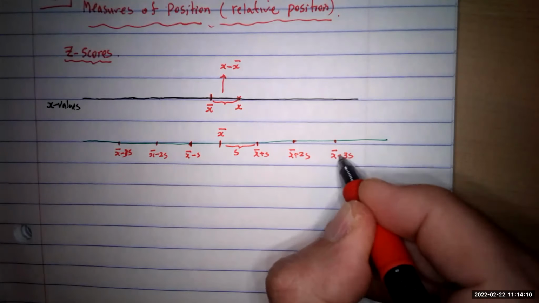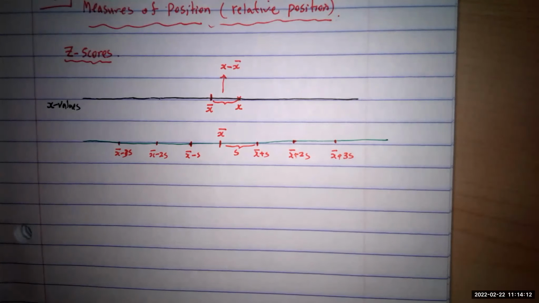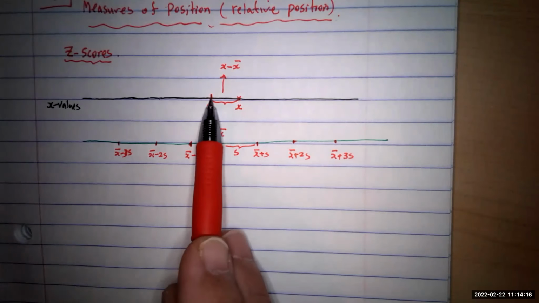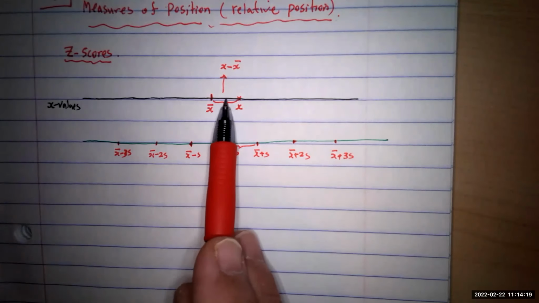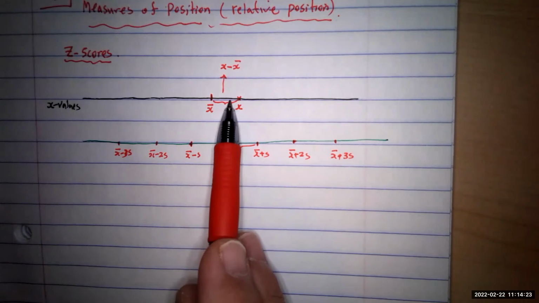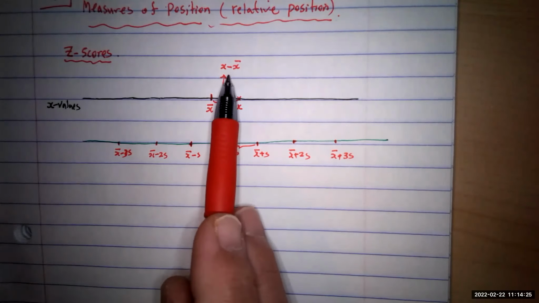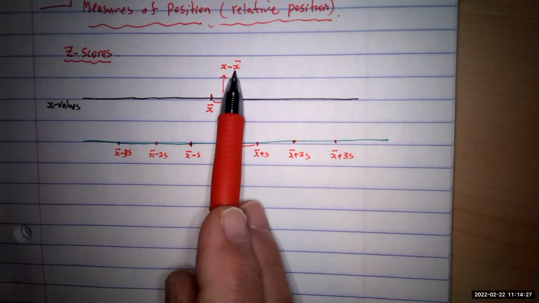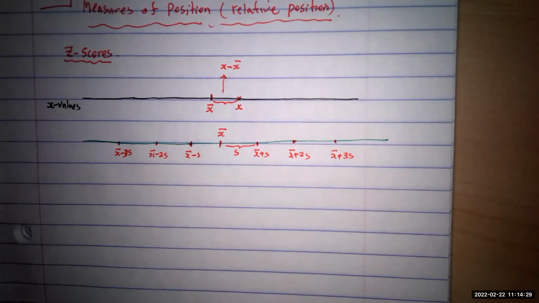So the situation that I'm going to have is, I want to compare X minus X bar to the standard deviation. I want to know how many standard deviations X minus X bar is. In order to find out, you have to divide it by the standard deviation.